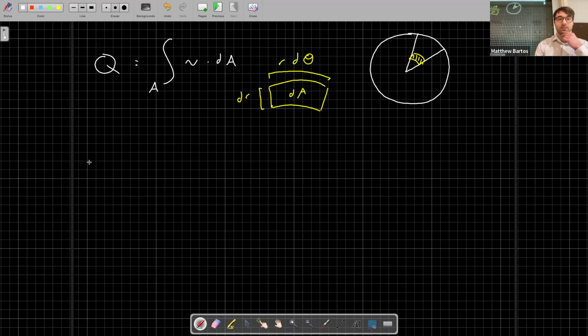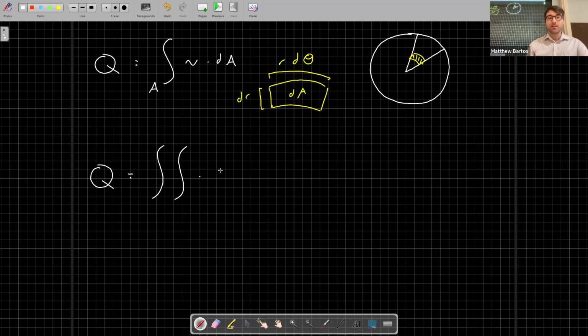So let's go ahead and perform this integration. I started this last time. So we're integrating in polar coordinates. As I mentioned, we're going to integrate first from the center to the wall, and then we're going to integrate around the circumference of the pipe. So we're integrating first dr and then d theta.